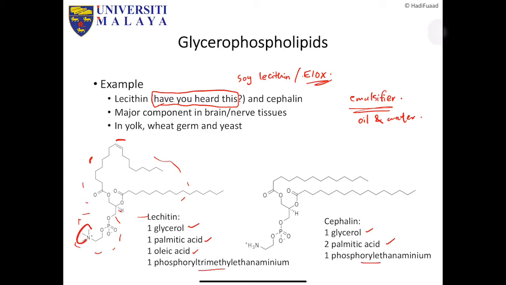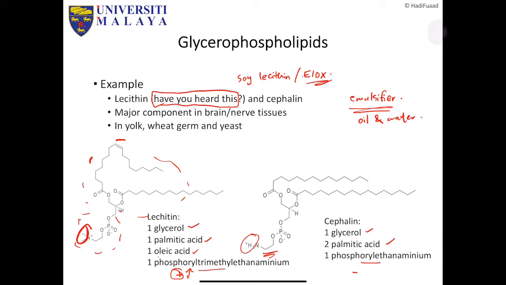This one is a trimethyl structure, that one is just a normal ammonium. So this one is obviously more polar. The other depends on the pH, so you can have either a charged ammonium or just a neutral amine. However, this one, because it's a trimethylated ammonium, always has a positive charge. So you know that one has a higher polarity than the other.